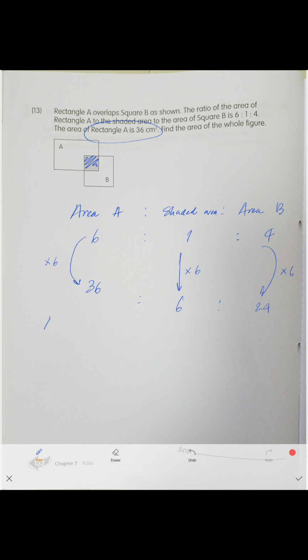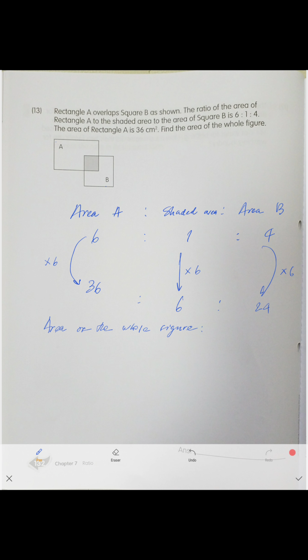Area of the whole figure. Right? Now you go and try to remember. I mean, not try to remember, you should know this from your composite figures, chapter 6, right? Area of the whole figure is the area A plus area B minus this shaded area, right?